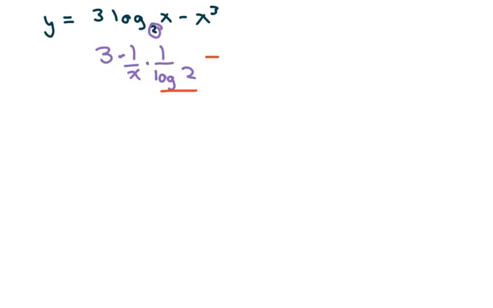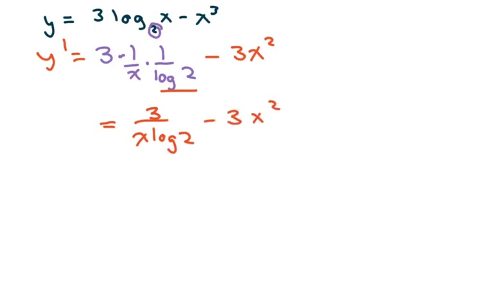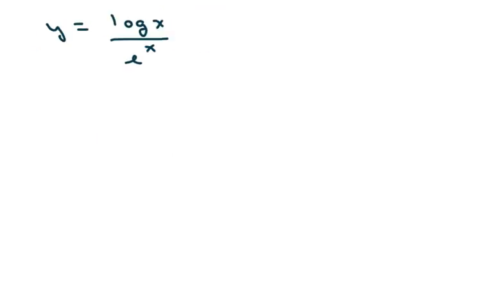Now we subtract, and we're taking the derivative of the second function, our cubic, and we get that. So when you clean this up a little bit, you're going to get 3 over x log of 2 minus 3x squared. I guess you could factor out a 3, but there's really no reason to.